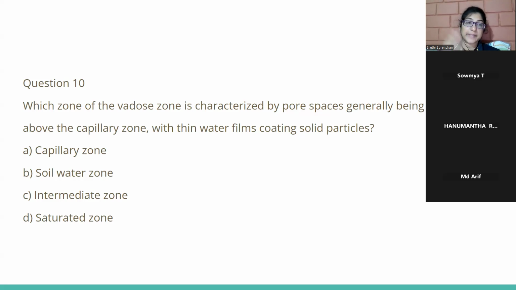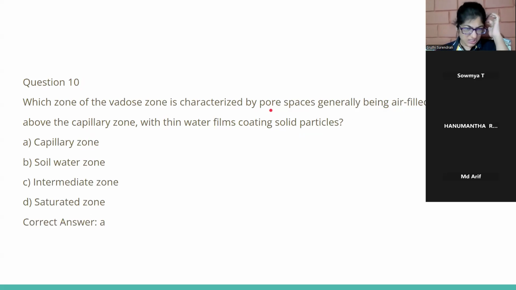Which zone comes above the capillary fringe? It is the intermediate zone. Sorry, this answer is wrong. It is the intermediate zone. C, option C. I'll be correcting it and providing.